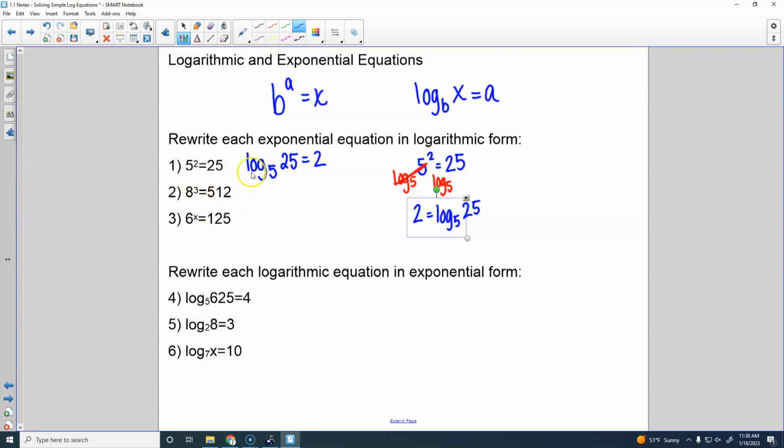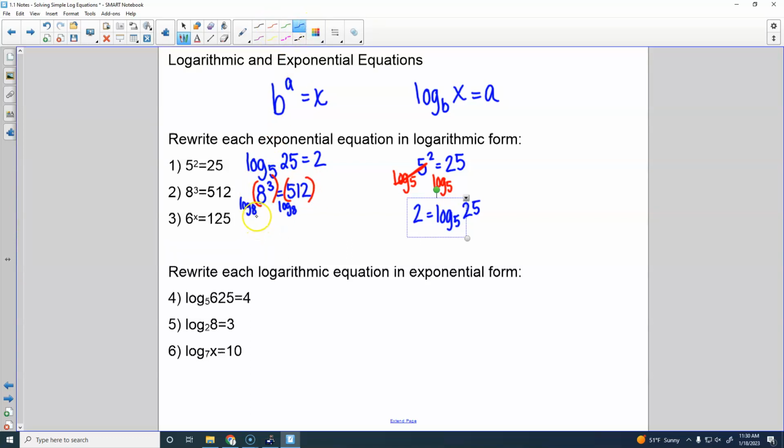So, like if I do that again for the next problem, if I have 8 to the third power equals 512. If I want to get rid of that 8 right there, it's 8 raised to a power, so I can get rid of it by doing a log base 8. And I can do that on both sides. You are taking log base 8 of each side.